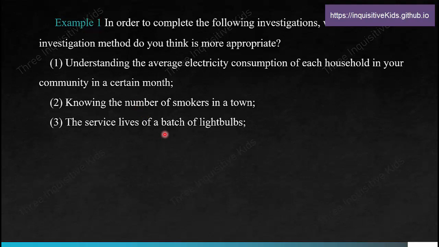Anyway, let's get back to this problem. The first investigation is understanding the average electricity consumption of each household in your community in a certain month. 2. Knowing the number of smokers in a town. 3. The service lives of a batch of light bulbs.